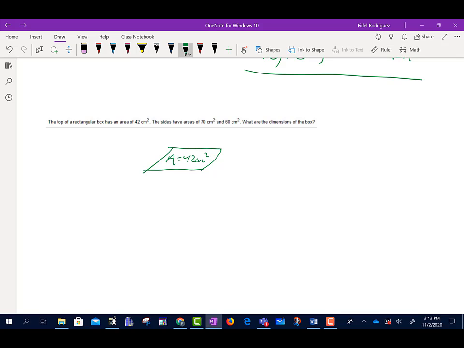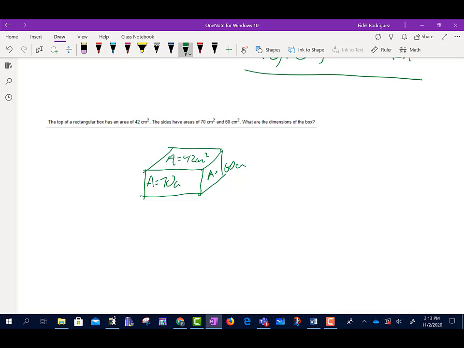So what do we mean by that? We mean that one of the sides here, the area here is going to be 70. And this one over here is going to be 60 centimeters. We are looking for the dimensions of the box. Okay, so we're trying to say we can find the dimensions of the box.